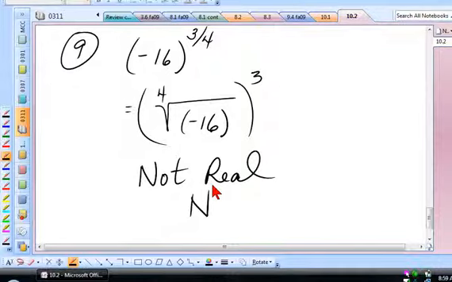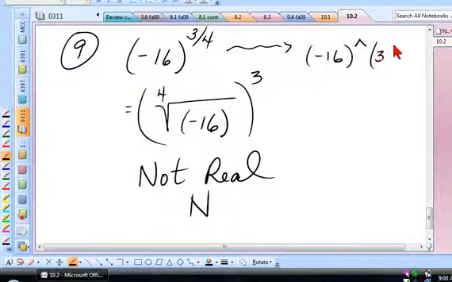Now, some of you may have figured out on your calculator that you could actually use your exponent key and raise the base to the power. If you have negative 16 and you raise it to the 3 divided by 4 power, you can do that.